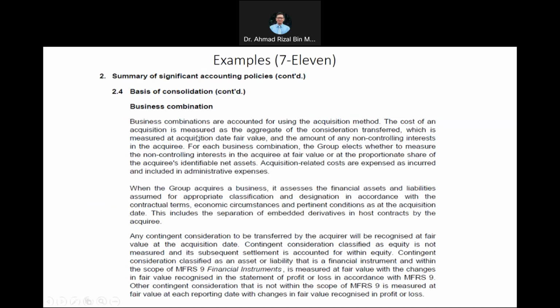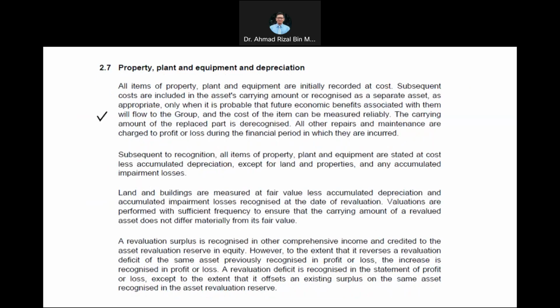For business combinations, the acquisition method is used, and the notes explain how this is done, and with respect to which particular MFRS. If some of the assets are financial assets or financial instruments, then it is under MFRS 9, for example. It is stated in the notes to the accounts.